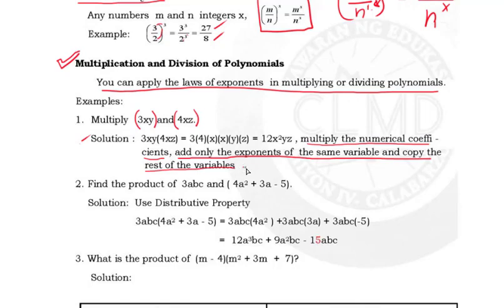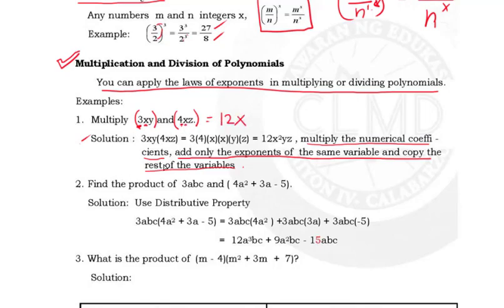First, multiply the two numerical coefficients: 3 times 4 is 12. Then look for the same variable, x times x.